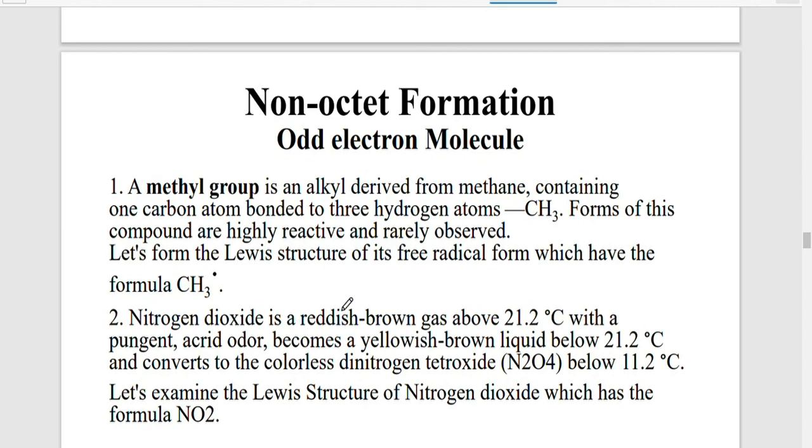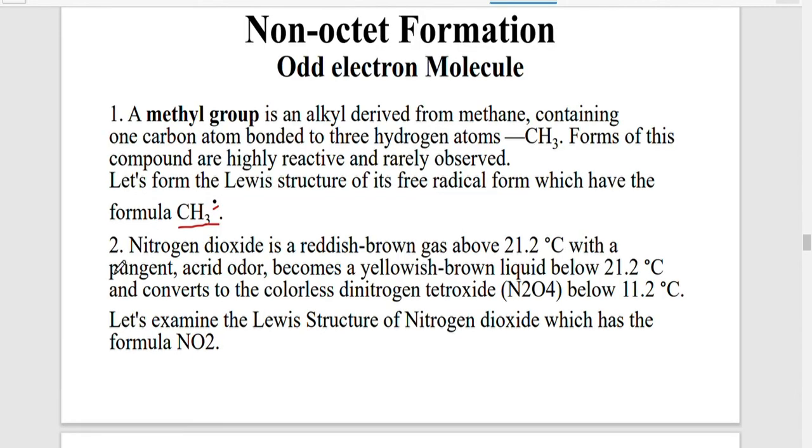We specifically focus on the compounds that have odd electrons. Reading the statement, a methyl group is an alkyl derived from methane, containing 1 carbon atom bonded to 3 hydrogen atoms. This compound is highly reactive and rarely observed. For a second compound, we have nitrogen dioxide.